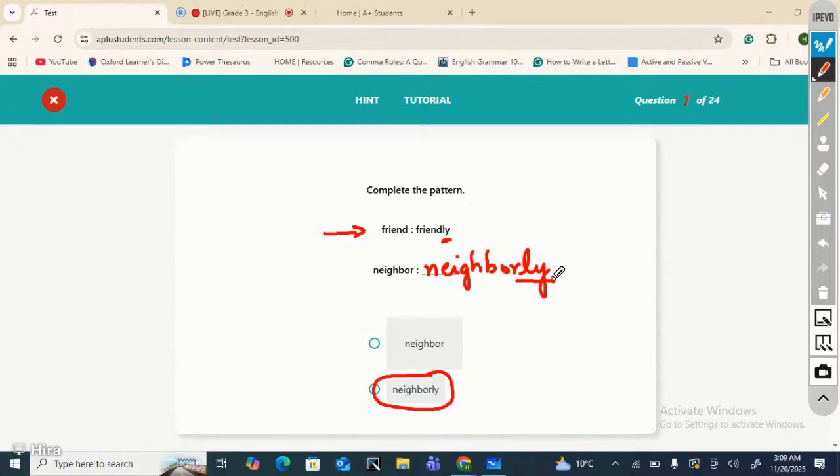Neighborly ends in ly, the same suffix, so it completes the pattern. A friend is someone who is friendly to you, a neighbor is someone who shows some neighborly behavior to you. So they act the same way and share the same meaning. And the same suffix in both words helps you figure out the meaning of these words as well.